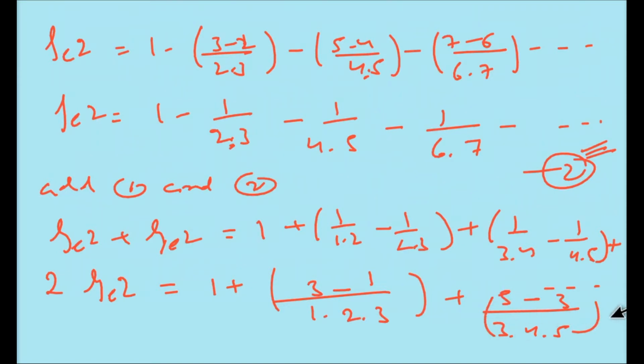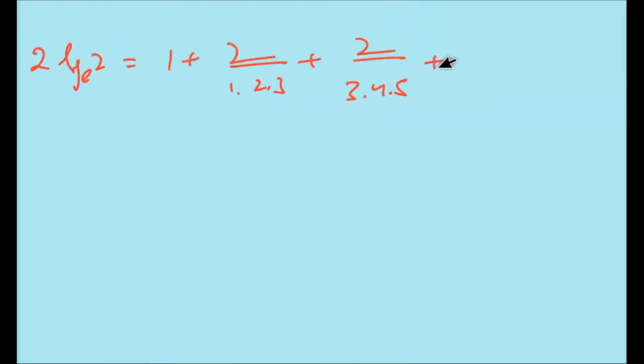So this way we can find a new series for 2 log e base 2, that is 1 plus 2 upon 1, 2, 3 plus 2 upon 3, 4, 5 plus 2 upon 5, 6, 7 and so on. This you have to learn also.